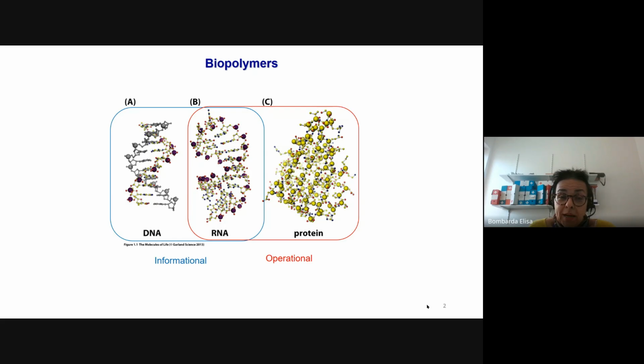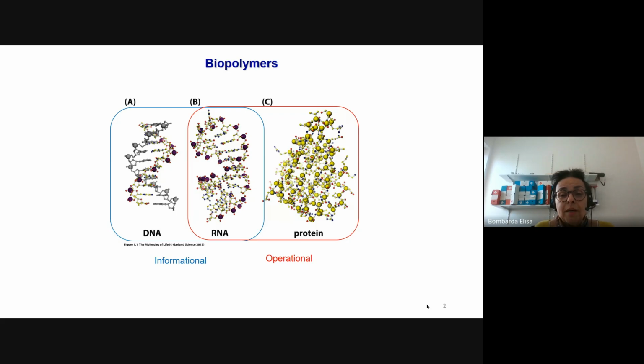Bio because they are biomolecules, but polymer because they are made of copies of building blocks. They are made of building blocks that we normally call monomers, and you have one building block that you have many times, so polymer.